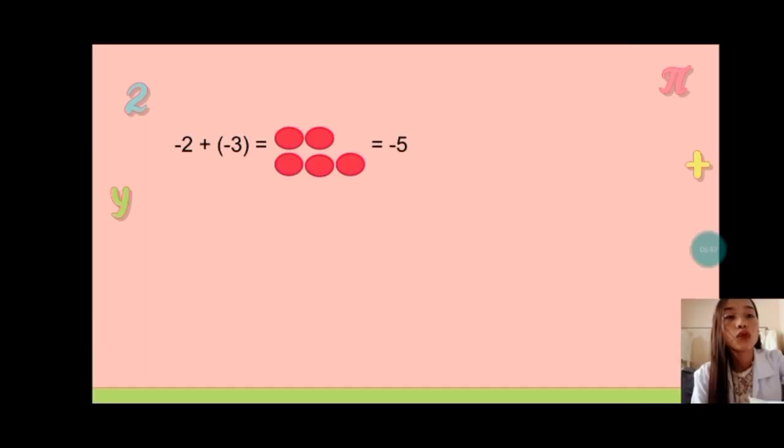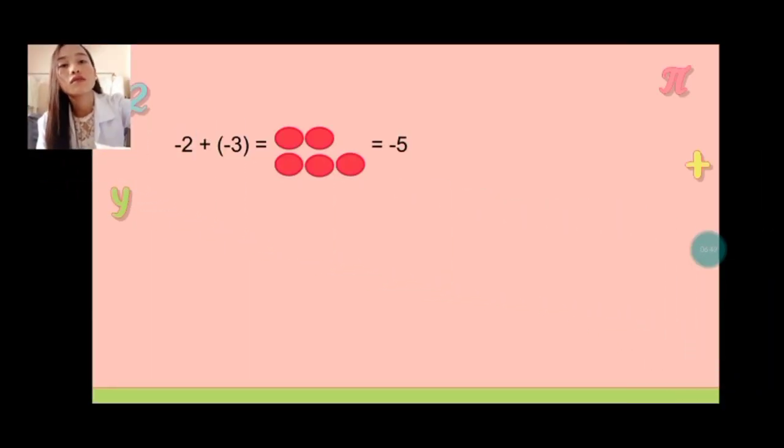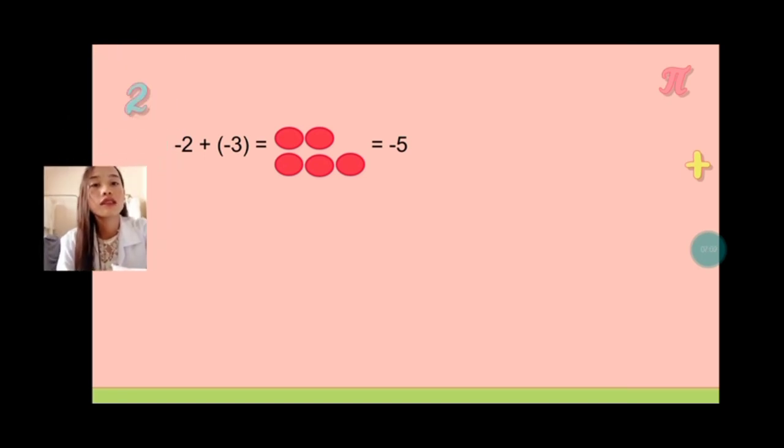We have 2 red and then 3 red circles. All in all, we have negative 5. Since they have a common sign, let's copy their signs.